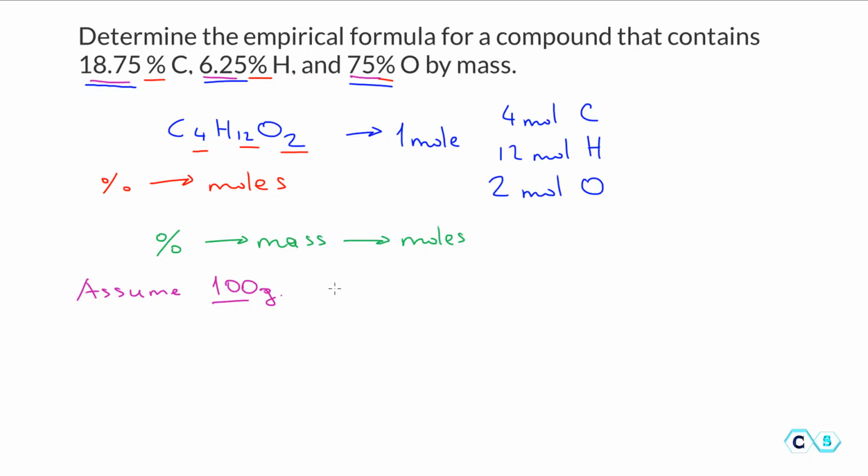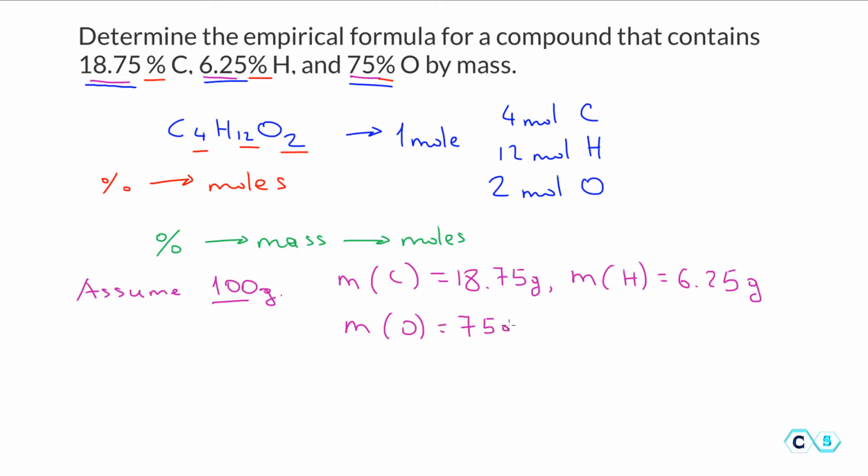So if we have a 100 gram sample, we can say that the mass of the carbon is equal to 18.75 grams, the mass of the hydrogen is equal to 6.25 grams, and the mass of the oxygen is equal to 75 grams. So one important step here is to assume that we have 100 grams of a sample, and we can easily convert the percentages to mass.